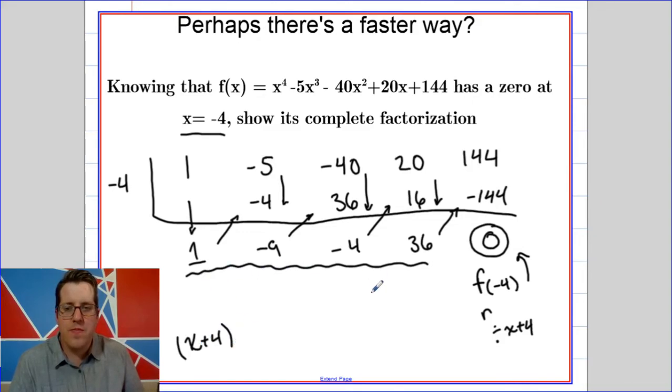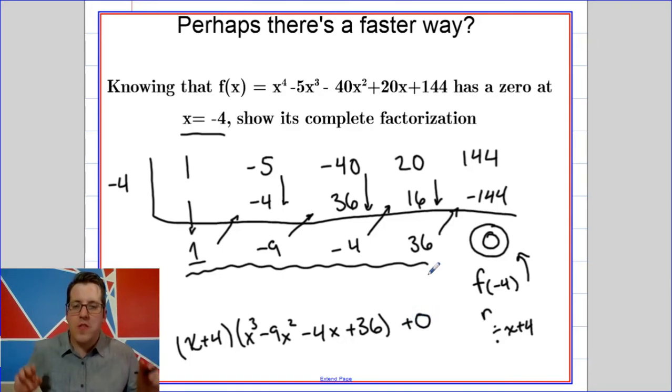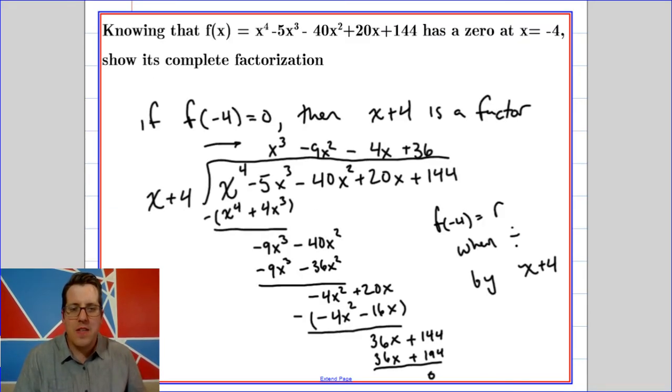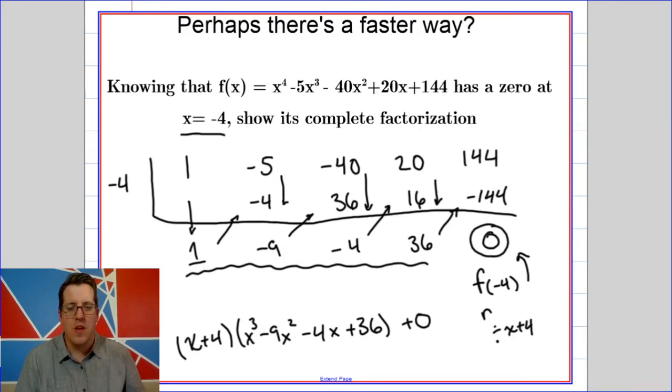And this represents the quotient, x cubed minus 9x squared minus 4x plus 36. This represents the remainder. So that's pretty great. It takes all of this work and it simplifies it way down to just this. So then if you have to plug in a whole bunch of different things, it's a lot easier.